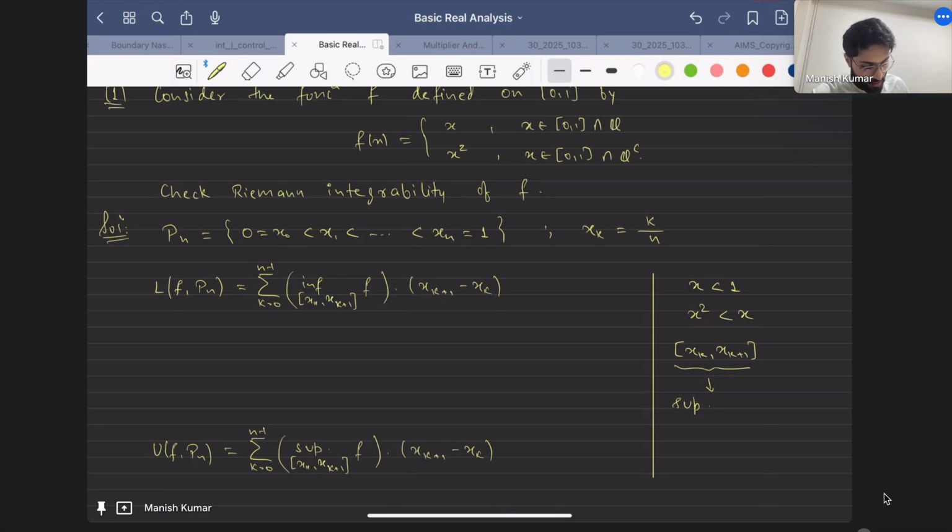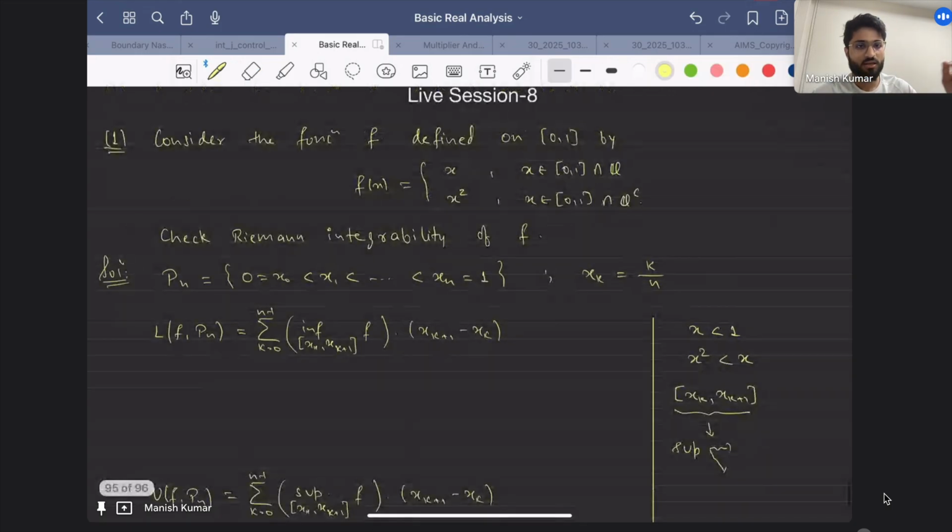So there are two cases. Case 1, when x_{k+1}... we know this function is increasing, right?